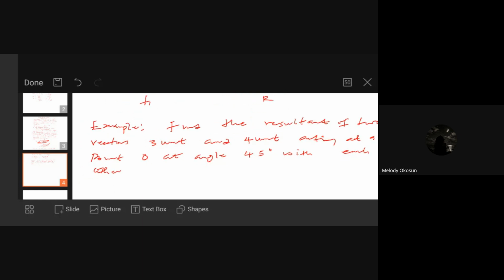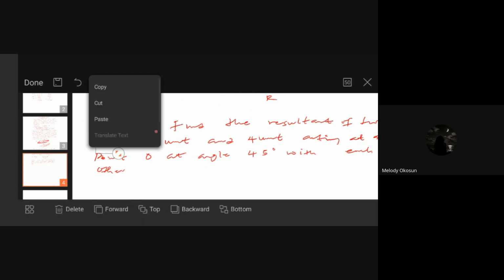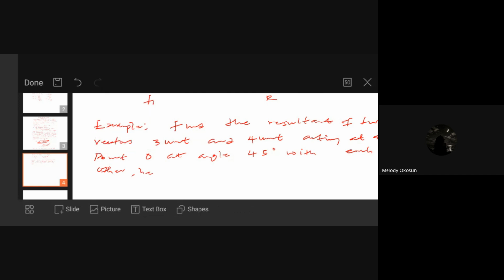Hence, find the direction of the two vectors.